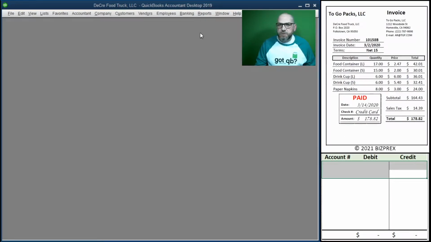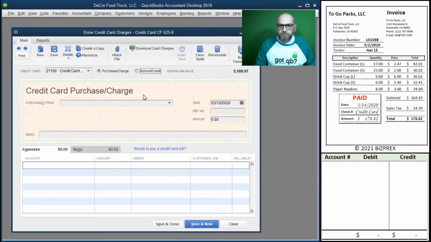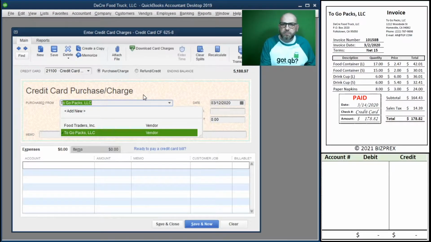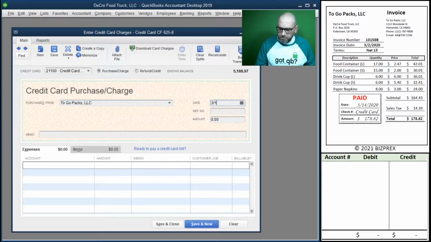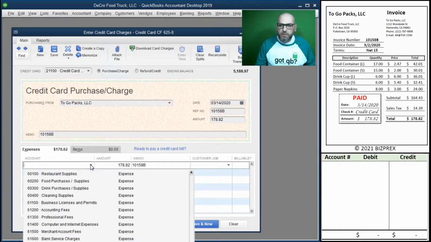Next one is also paid by credit card. Very much similar to the previous one. The only difference will be our expense account will be different.